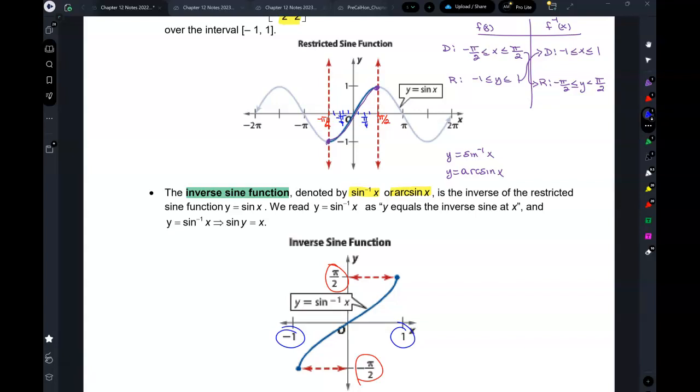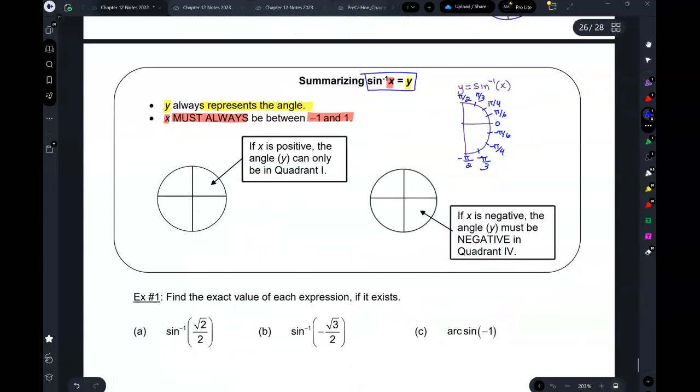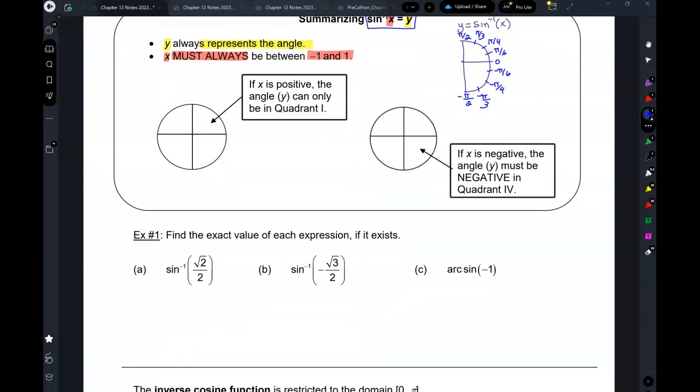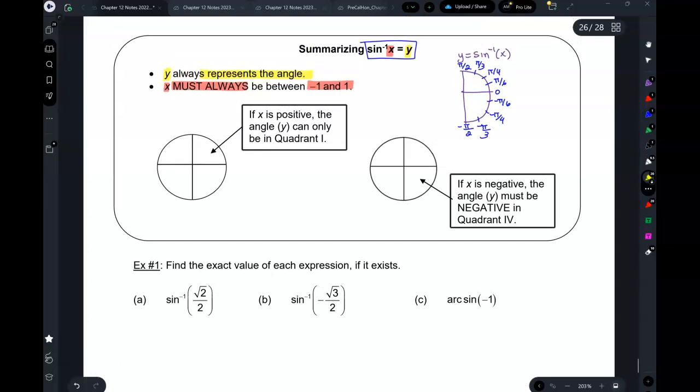No. 7 pi over 4 is all the way over here. So it's unusable when we're doing inverse sine. So if the x inside is positive, the answer should be in quadrant 1. If it's negative, it's in quadrant 4.